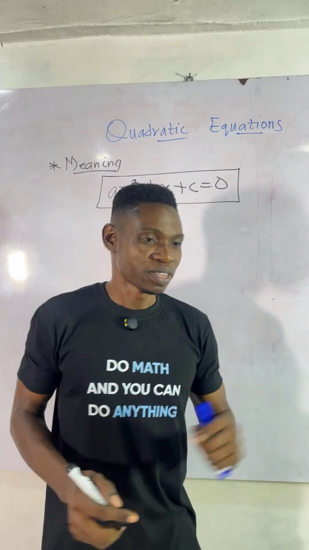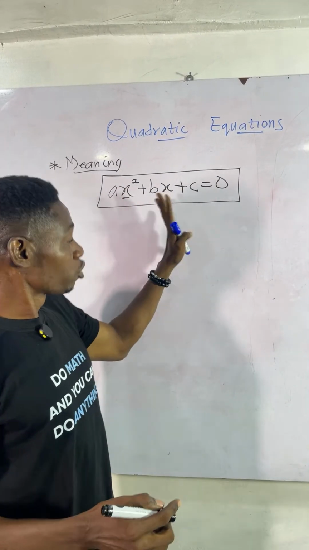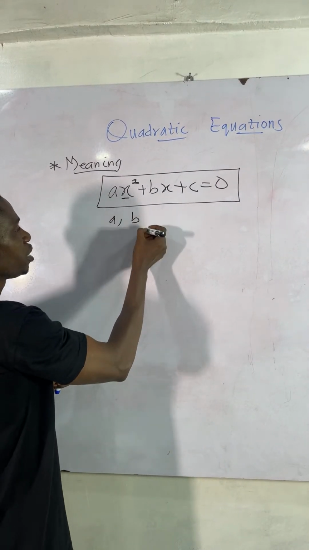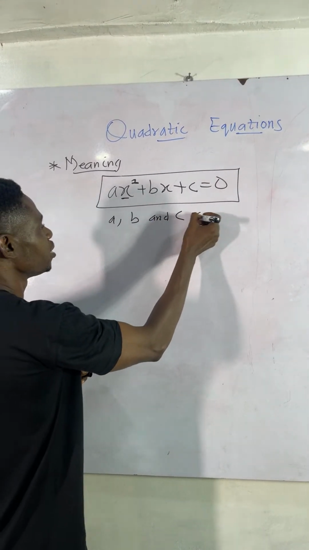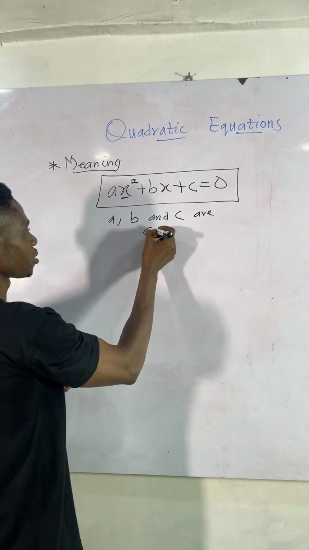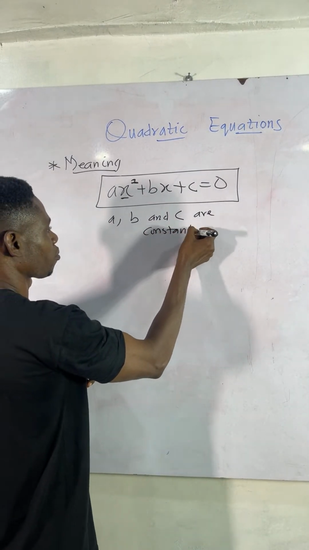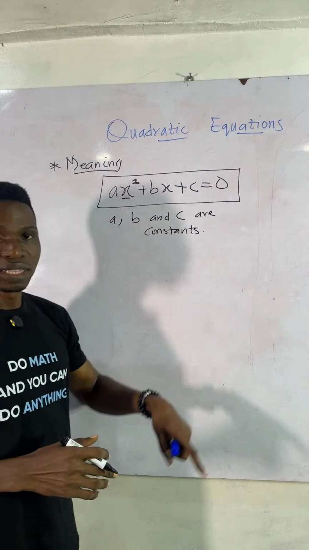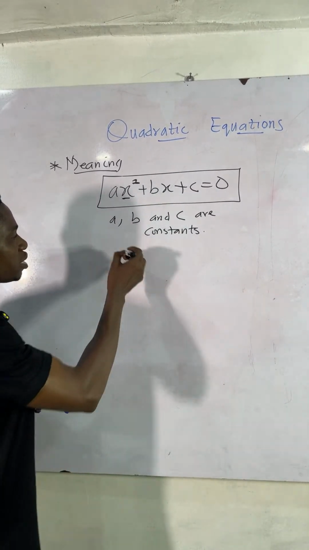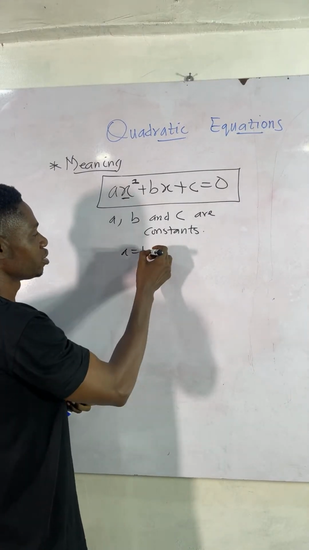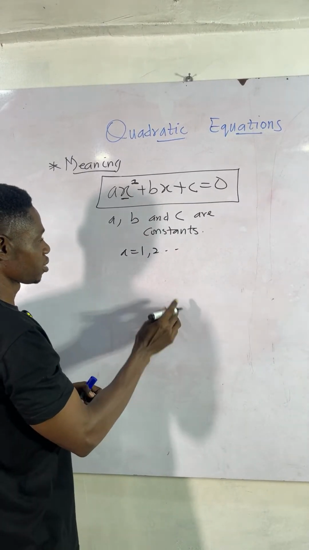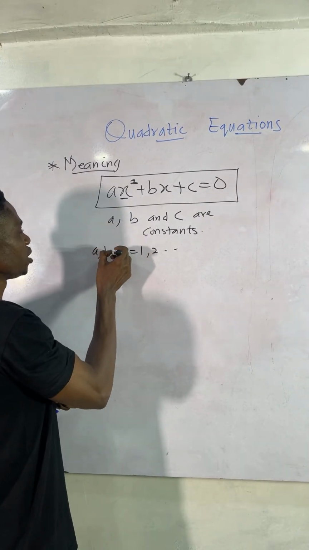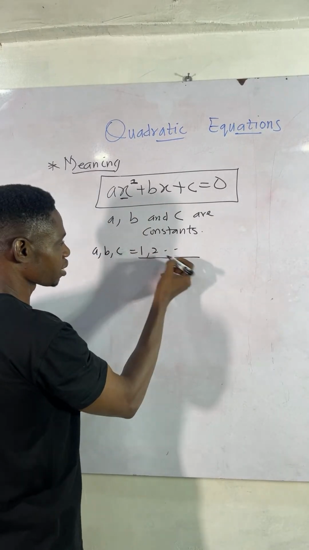Now take note, in a typical quadratic equation that looks like this, A, B, and C are constants. You know what that means? It means they can be numbers like 1, 2, 3.